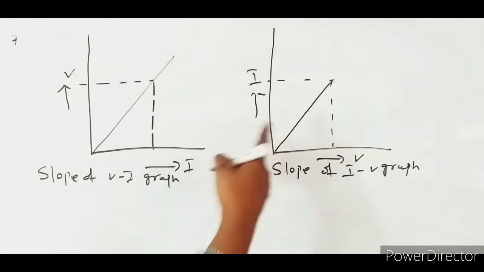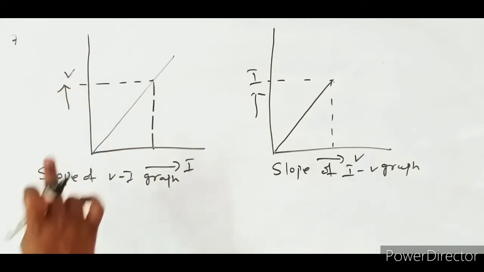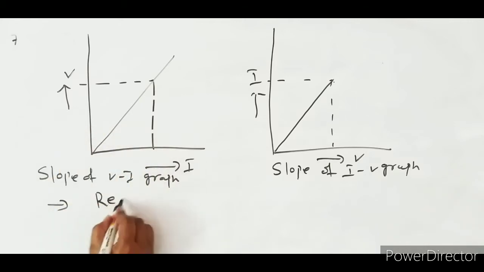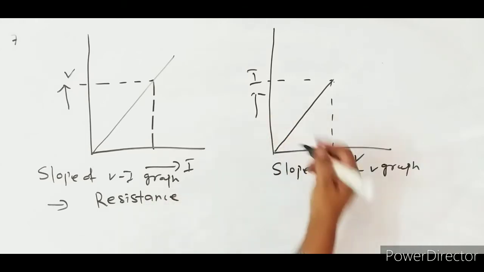So when a question comes in the exam, see what is on the x-axis and y-axis. From the VI graph we get resistance. But here, what do we get?